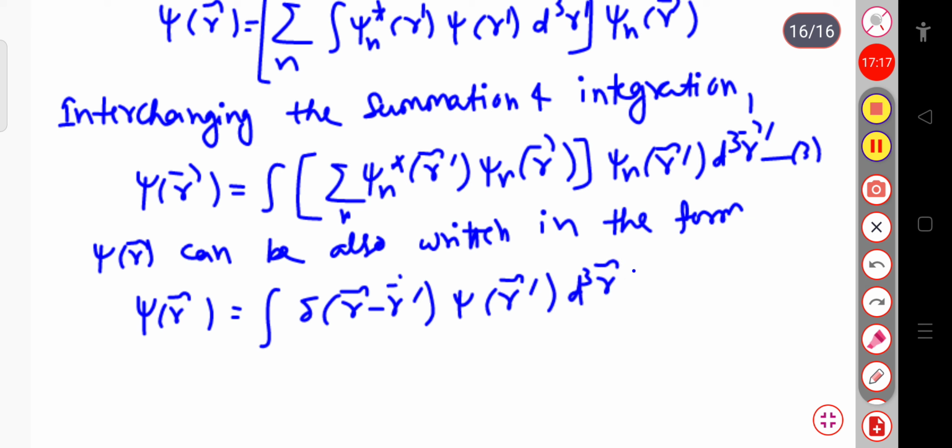This is your Dirac delta function property. So by using that property we can write equation 4, that is the integration of delta of r minus r prime psi r prime dq r prime will be equal to psi of r.